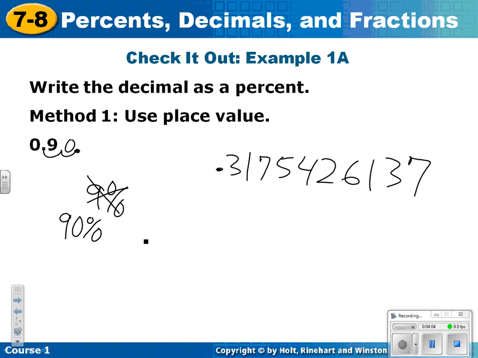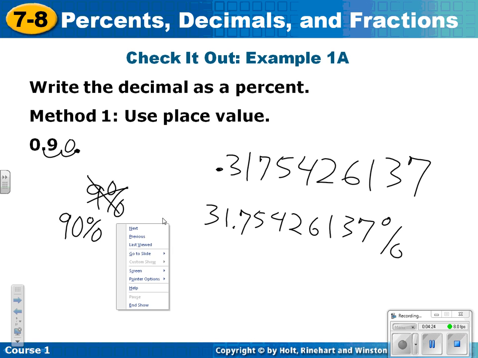As a percent, this is 31.75426.137%. Okay? There's no estimation involved, unless it says estimate.